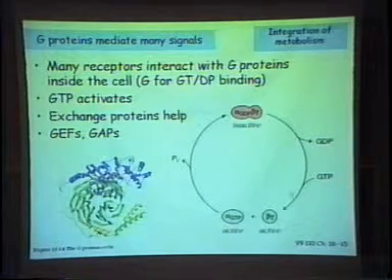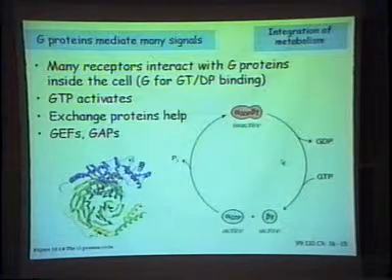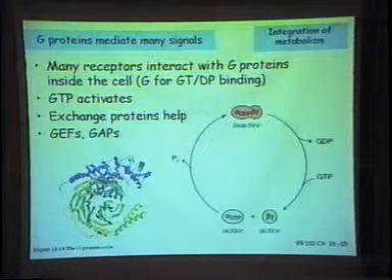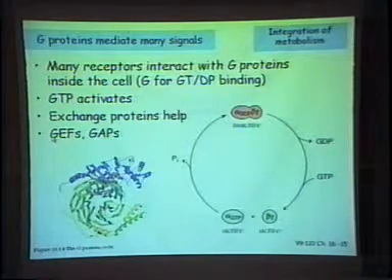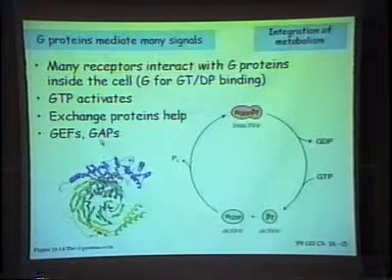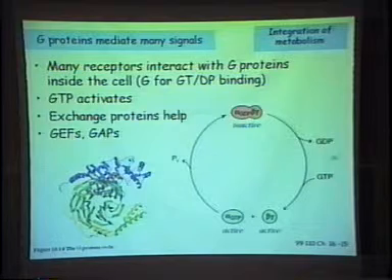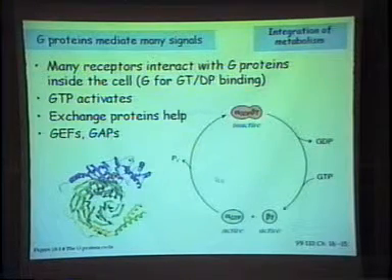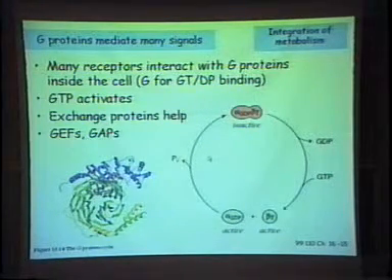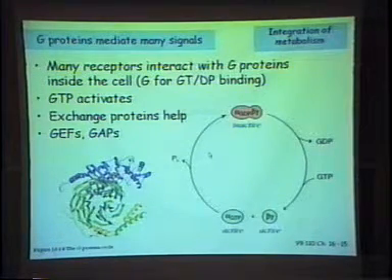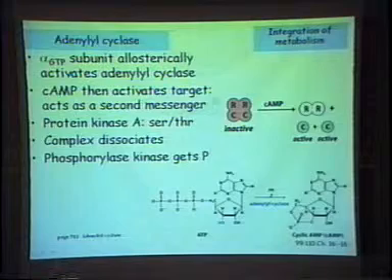This process of losing and picking up is not that fast by itself, and so there are exchange proteins that can help. Guanine nucleotide exchange factor, GTPase activating protein. So you can see that at both of these steps there are factors that can accelerate those reactions. Factors for the factors, so to speak. Big fleas have little fleas on their backs to bite them, and so forth and so on ad infinitum.